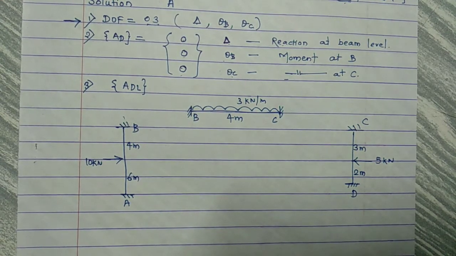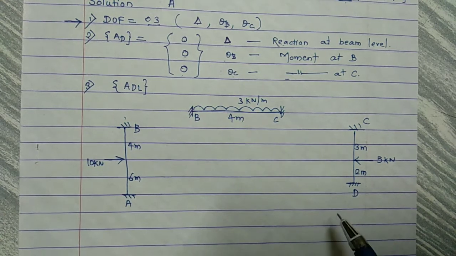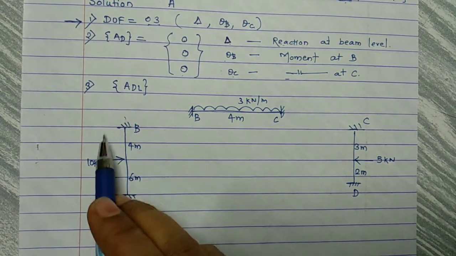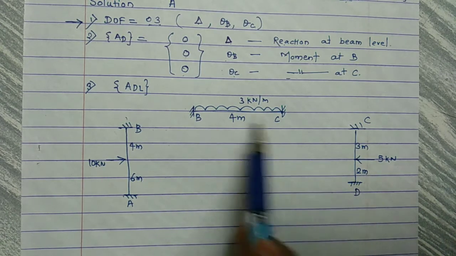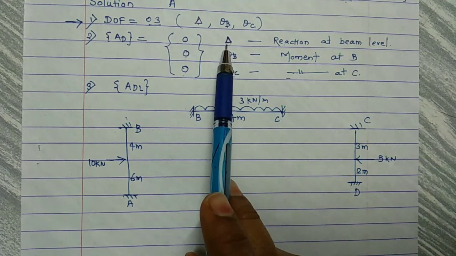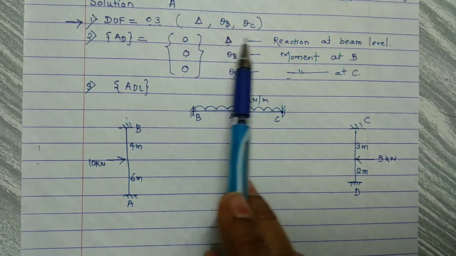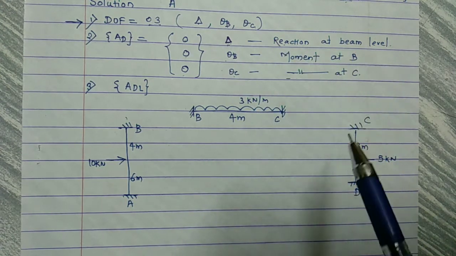Now for all these restrained members, we have to calculate their fixed end moments as well as reactions, because our one unknown is in terms of delta, and for that we require the reaction at beam level.